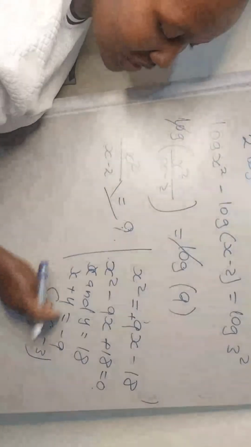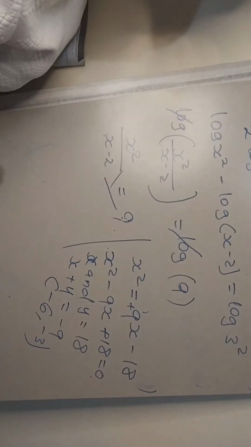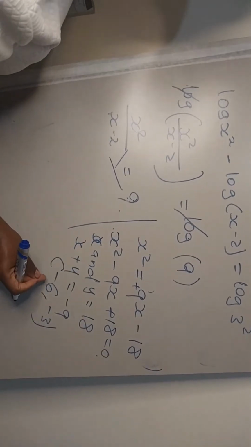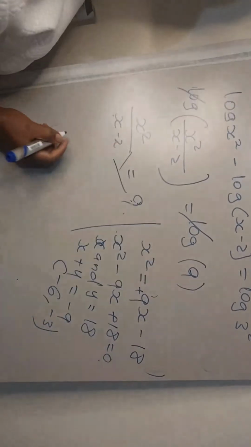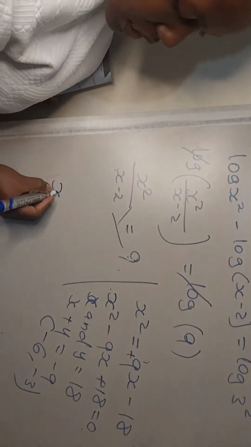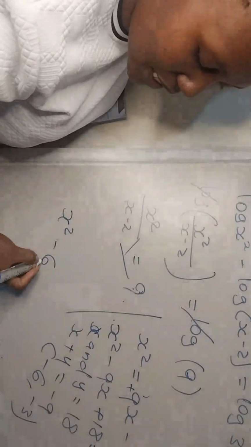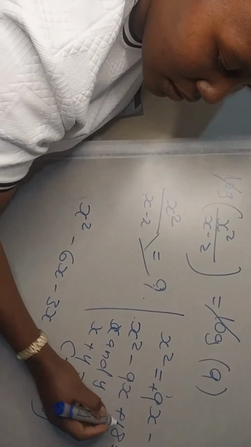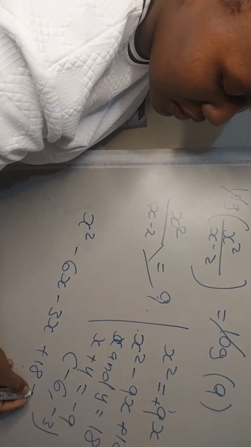And when we add the 2, we'll get the negative 9. Good to go. Instead of writing minus 9x, we'll break it to be minus 6x minus 3x. Let's go. X squared minus 6x minus 3x plus 18 is equals to 0.